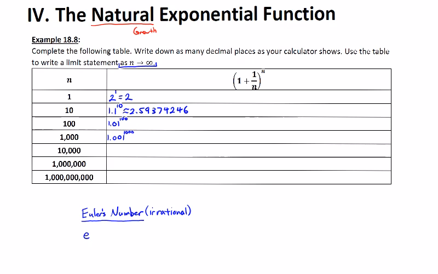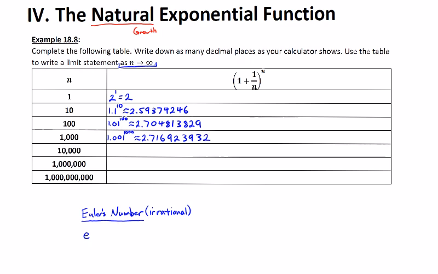So that's going to be 1.01 raised to the 100. This is going to be approximately 2.704813829. Let's try 1,000. That is going to be approximately 2.716923932.